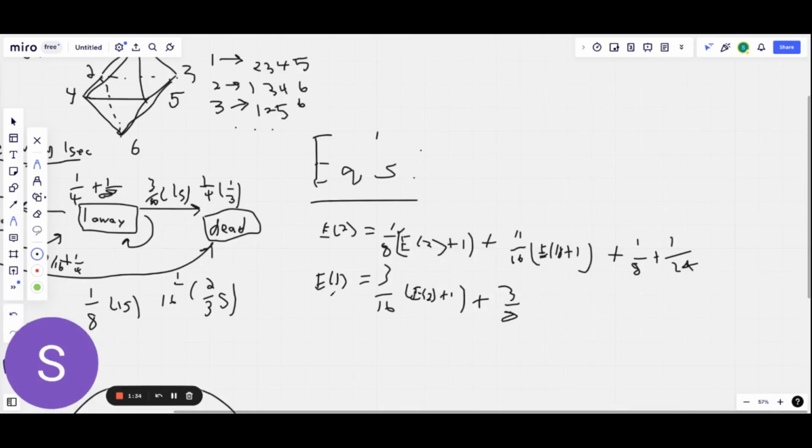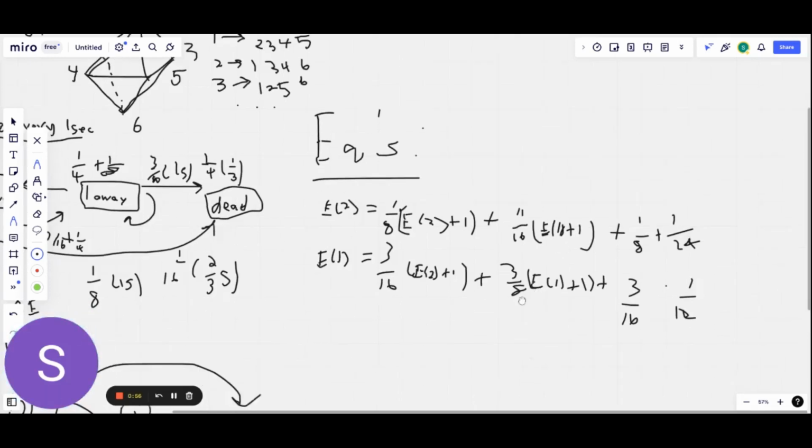Can't draw. It's like really laggy. So 3/8 E1 plus 1, and then plus 3/16 times 1 plus 1/4 times 1/3. So now all that's left is our simple system of equations, and we should be able to solve this.